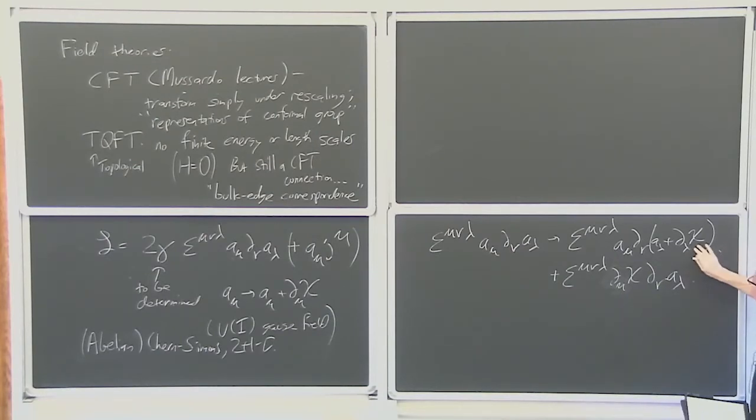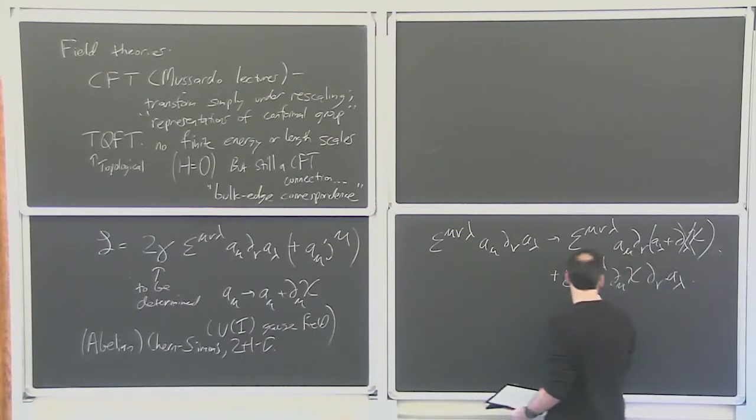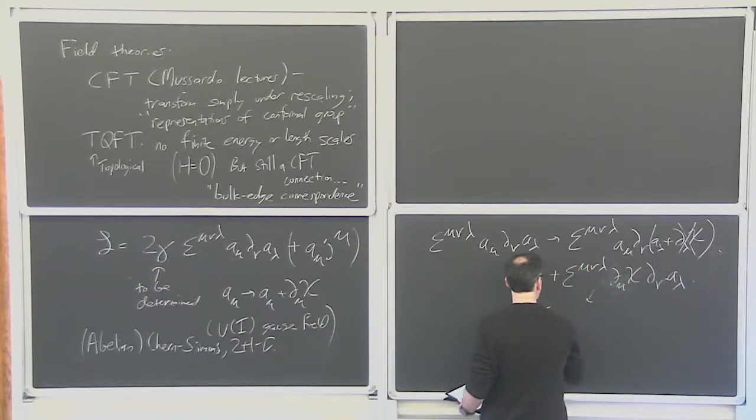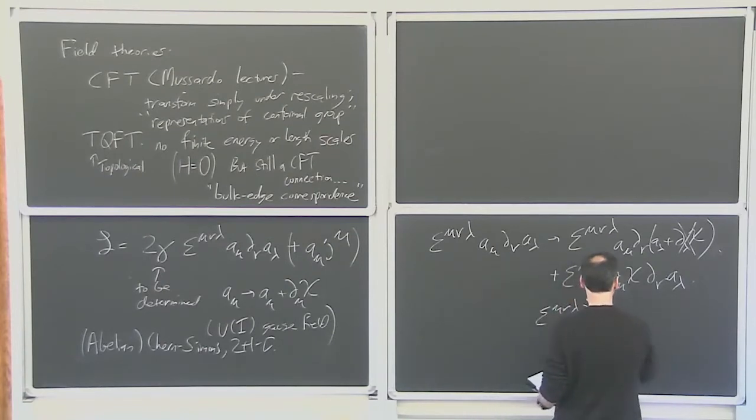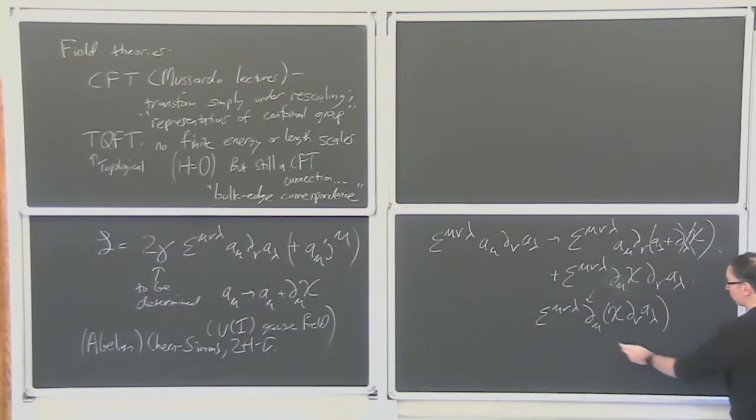So this part is 0. Well, okay, the change is 0. The second term is 0. This is what I had before. And this term, I can rewrite as epsilon mu nu lambda d mu of chi d nu A lambda, because the other term I would get where this derivative acts there is going to be 0, again, by the evenness of partial derivatives and the oddness of that.